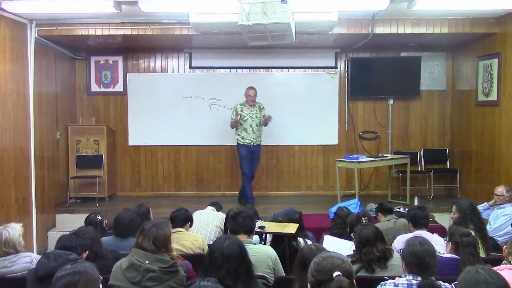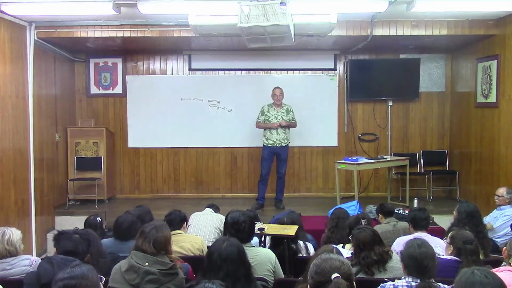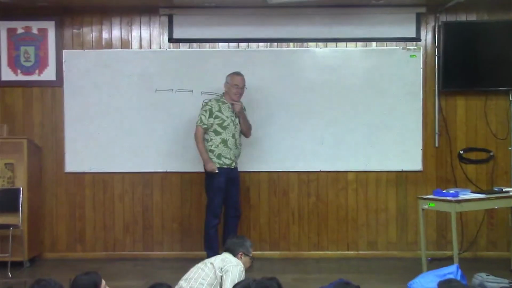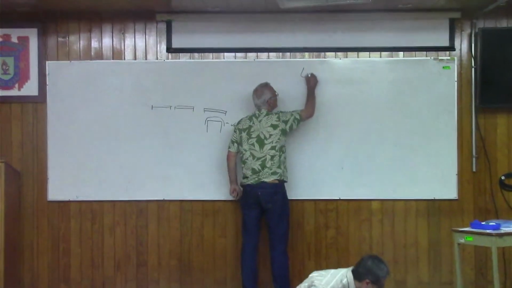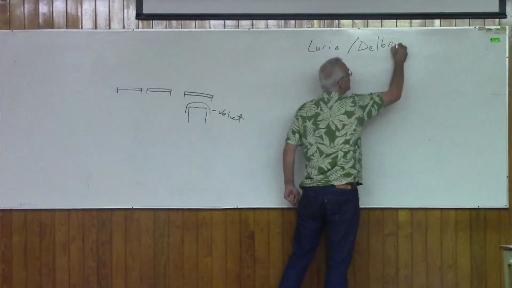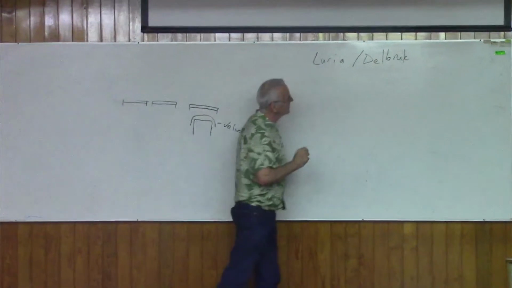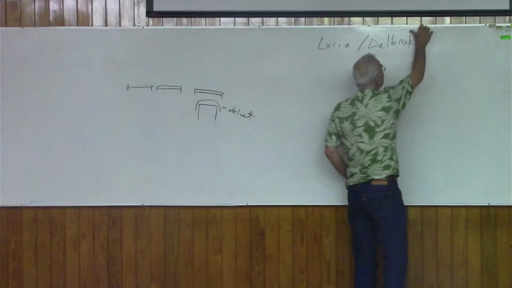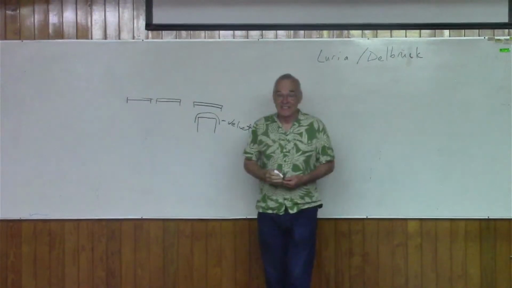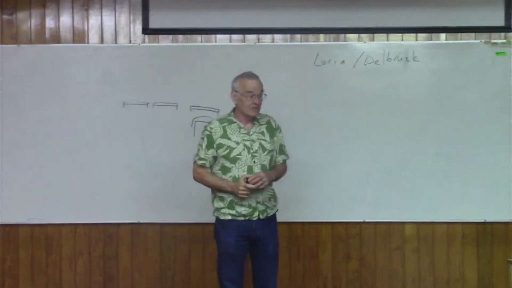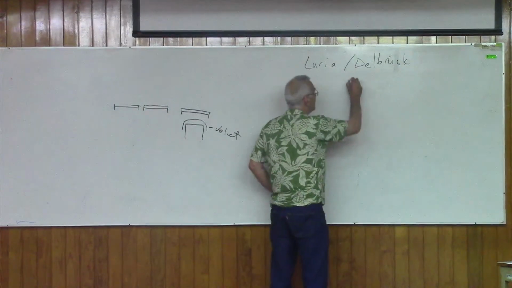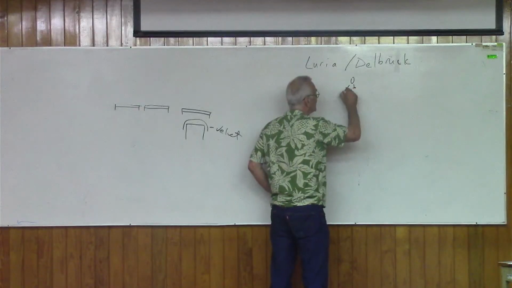Back in the early days of molecular biology, there were a couple of guys named Luria and Delbrück. And they got the Nobel Prize for this fluctuation test. And it was just a simple experiment. Well, simple.